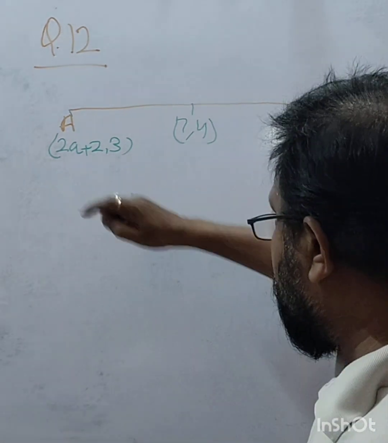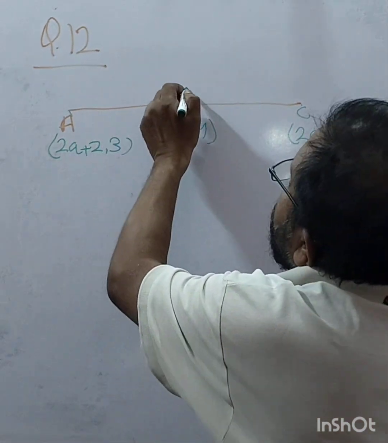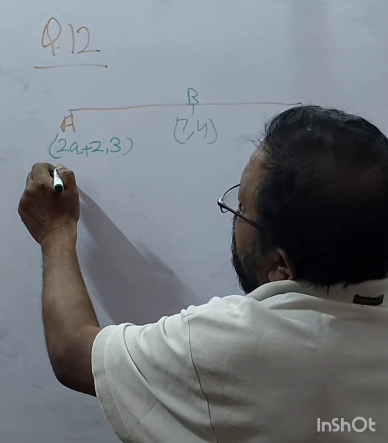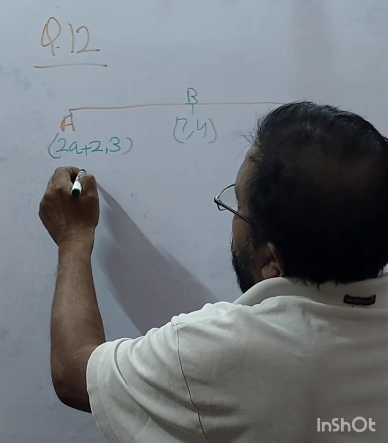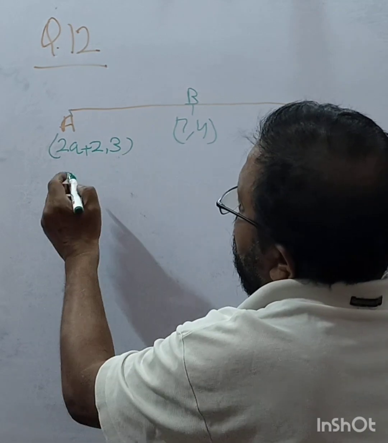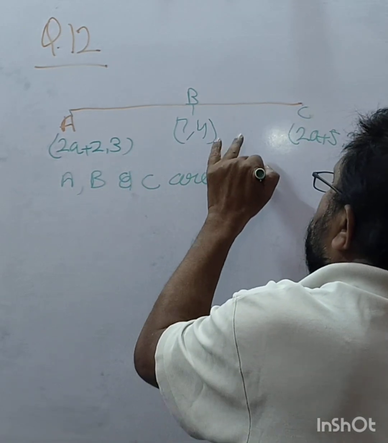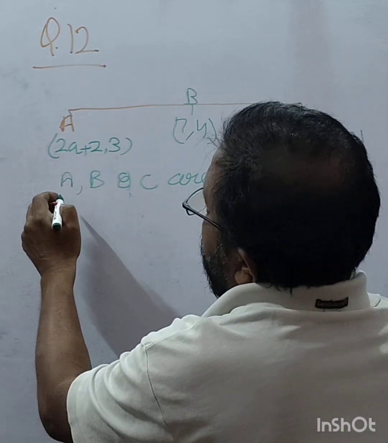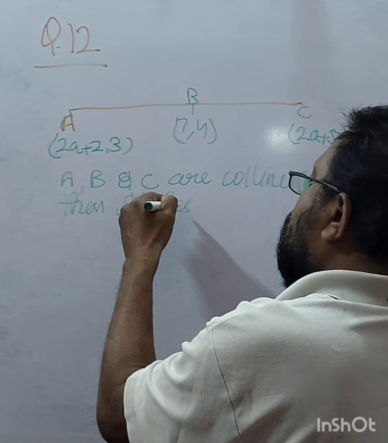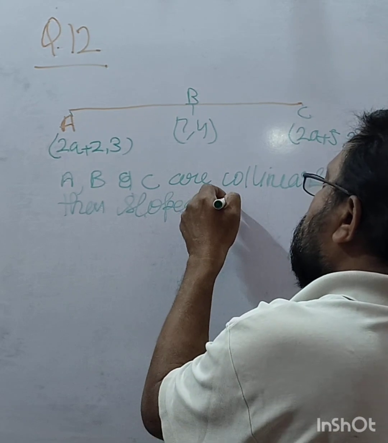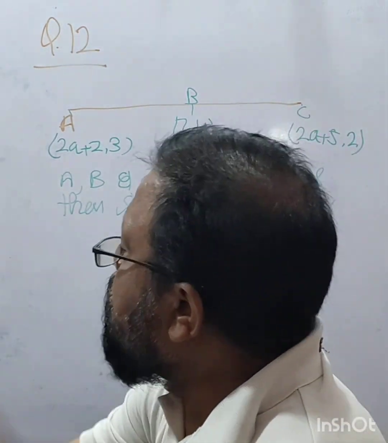Okay. So when A, B and C are collinear, then their slopes will be equal.